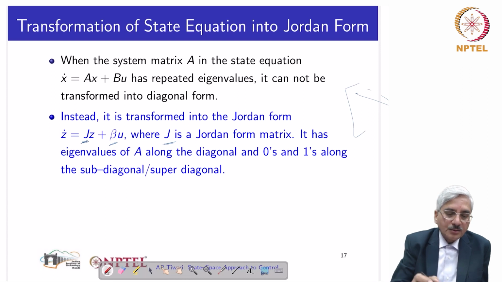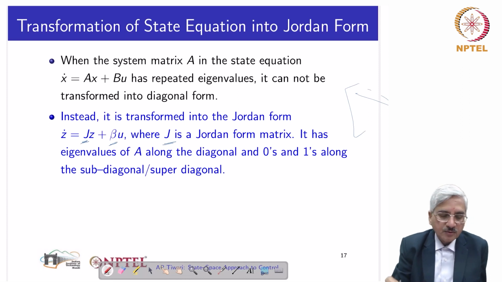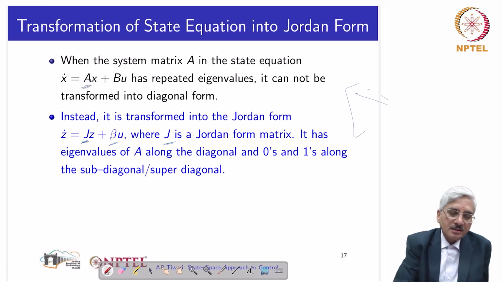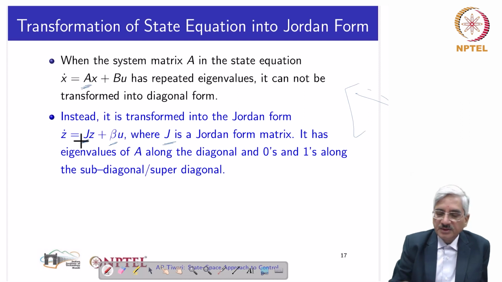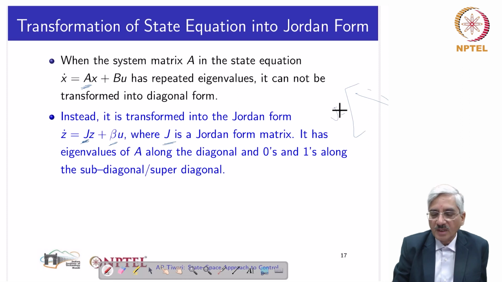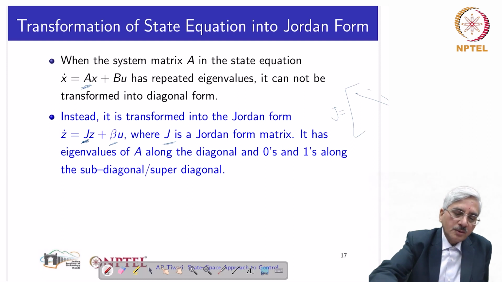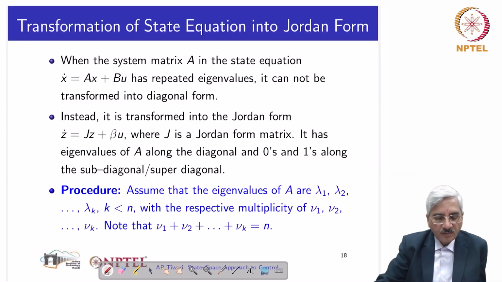So we want to transform, through an appropriate transformation, this system matrix A to this J, which will be in this form: the eigenvalues on the diagonal and ones on the super diagonal, remaining entries 0. So let us see how to obtain this transformation.